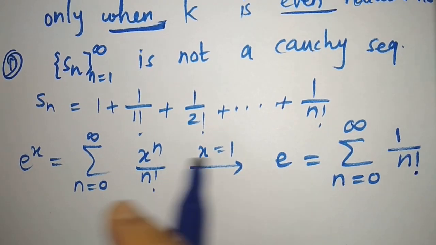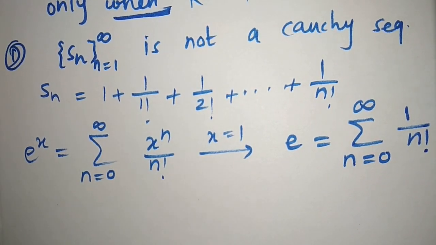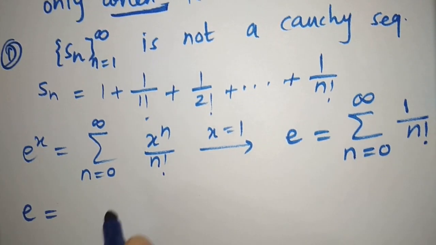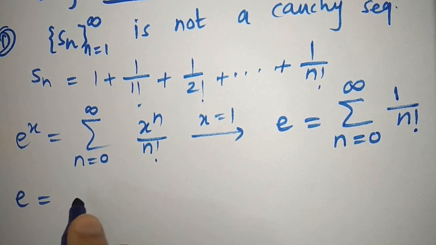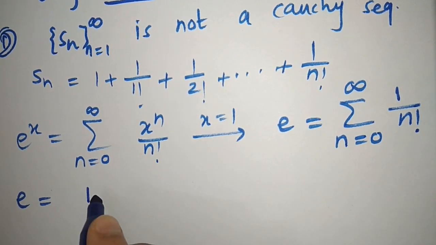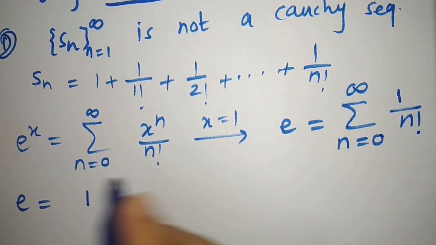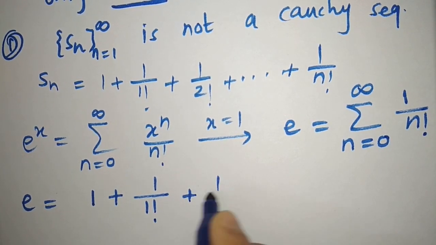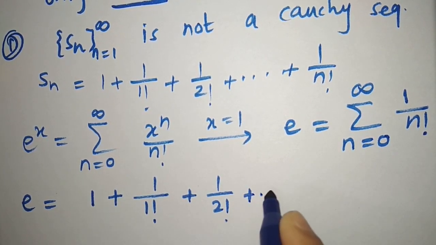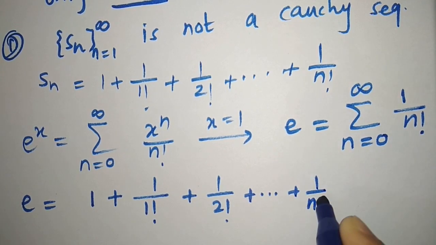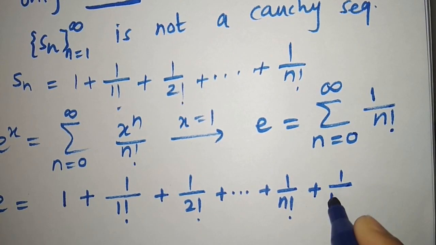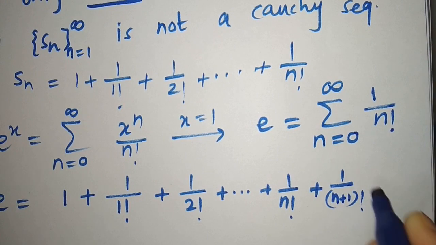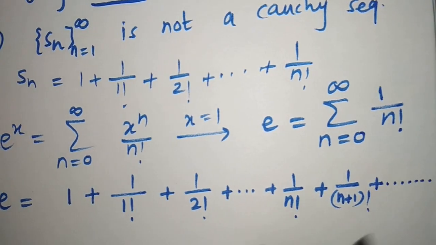Let us write this explicitly: 0 factorial is 1, plus 1 by 1 factorial plus 1 by 2 factorial plus so on plus 1 by n factorial plus 1 by (n plus 1) factorial plus so on.